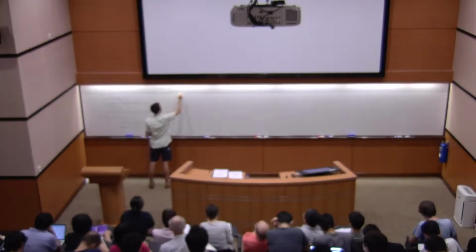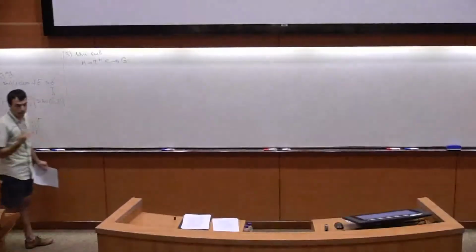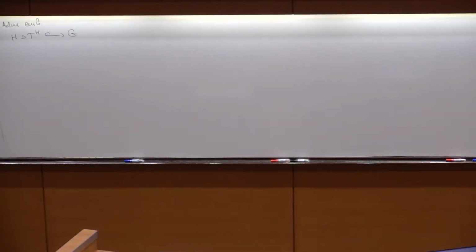And then we discussed admissible embeddings of maximal tori of H into G, and that concept gave us the notion of related elements.